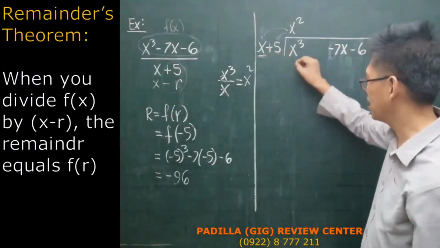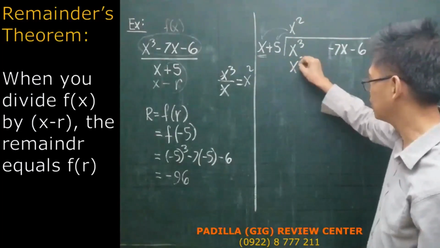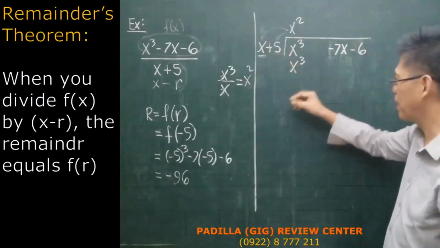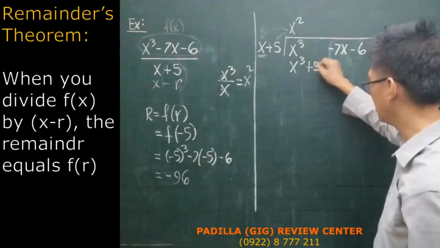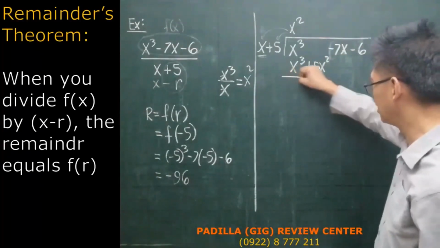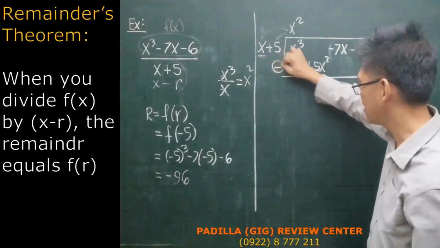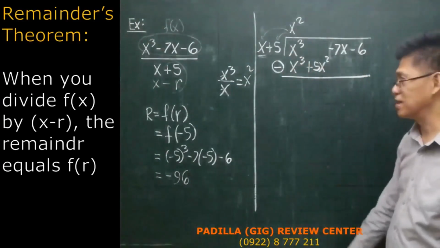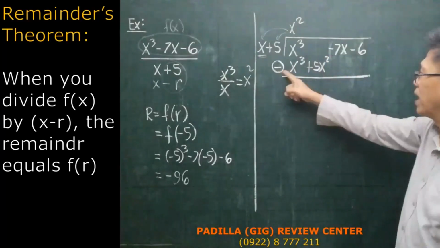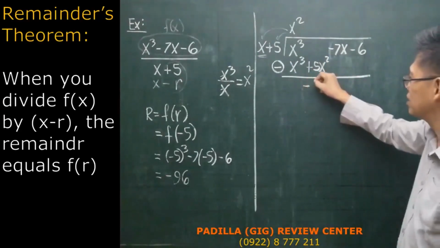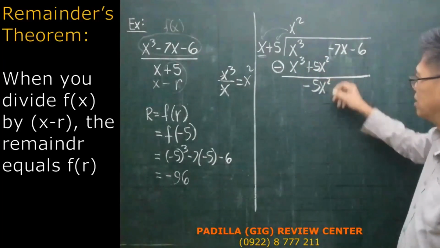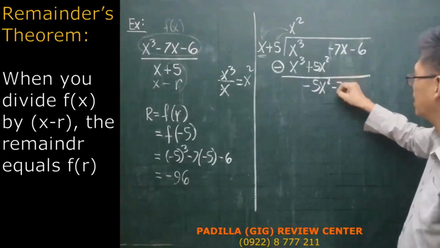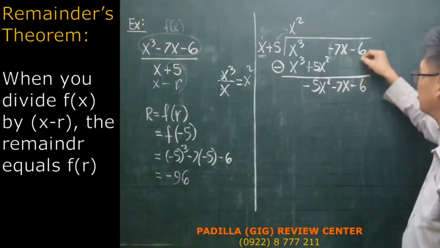X squared times x, that is x cubed. X squared times 5, that is 5x squared. Then we subtract. X cubed minus x cubed cancelled. 0 minus 5x squared minus 5x squared. Bring this down. Minus 7x minus 6.